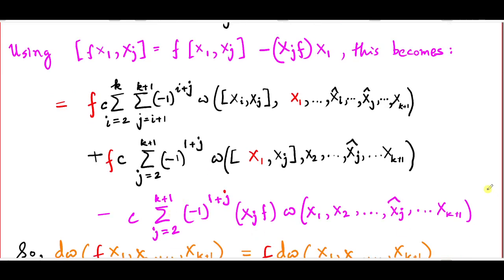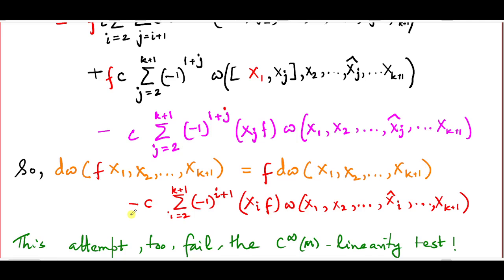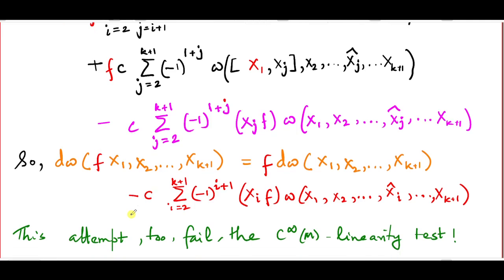This is the additional term. So these two together gives you f times the original thing. And this gives you an extra piece which ruins C infinity multilinearity. So this attempt 2 fails. This one fails the C infinity linearity test.